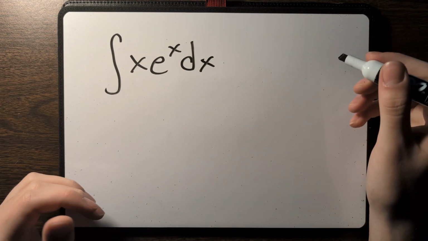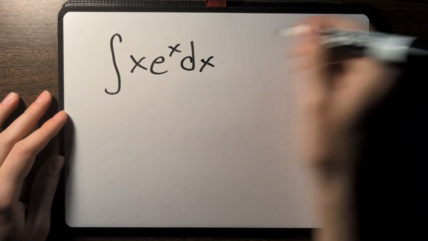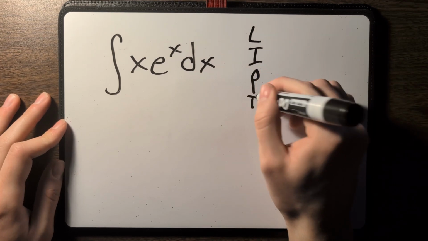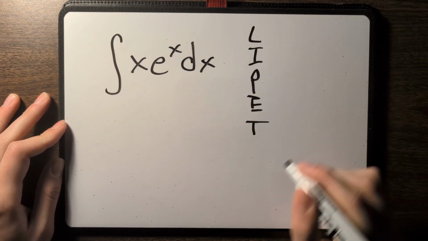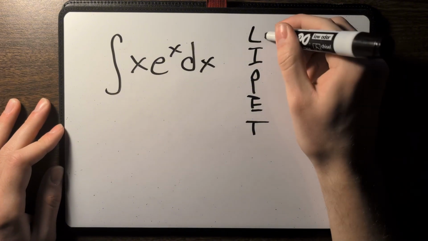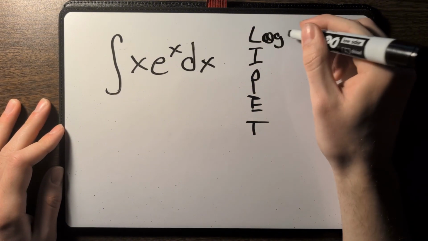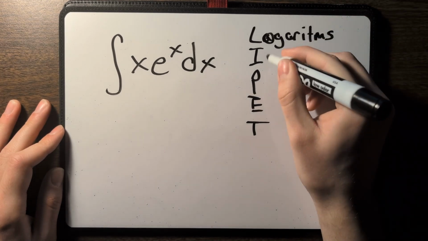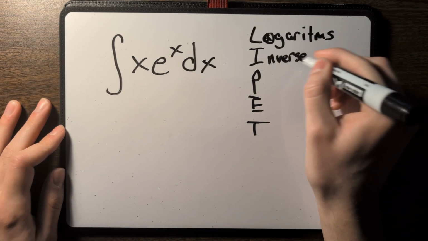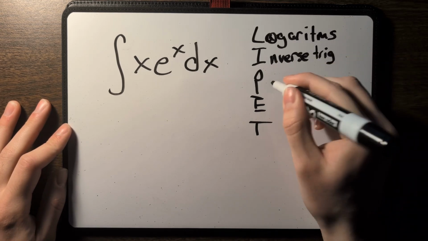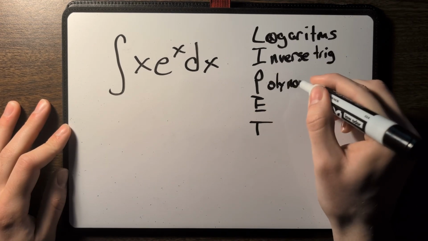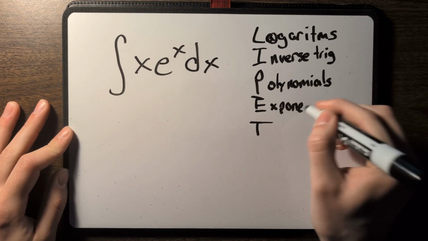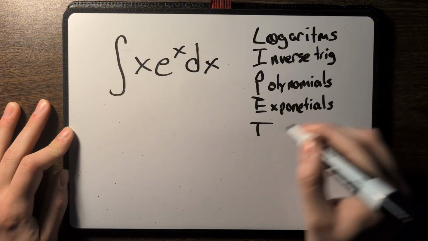So to do that, we follow this rule. I like to call it LIPIT. It's kind of a weird acronym, but this is basically logarithms, inverse trig, polynomials, exponentials, and trig.